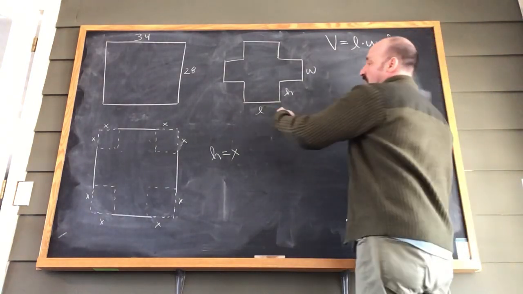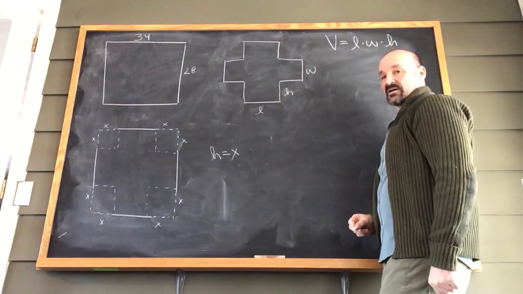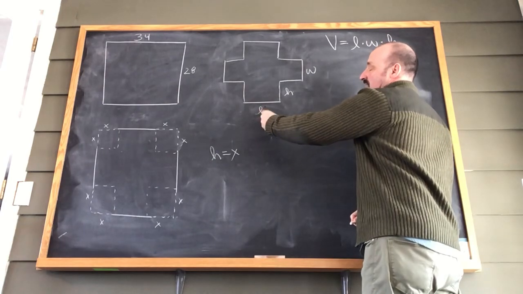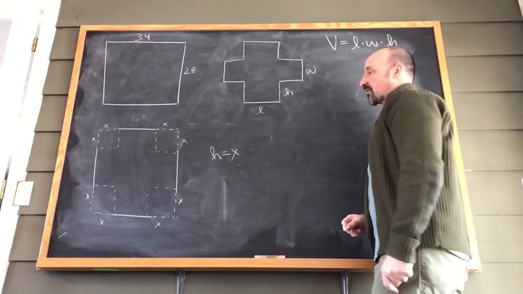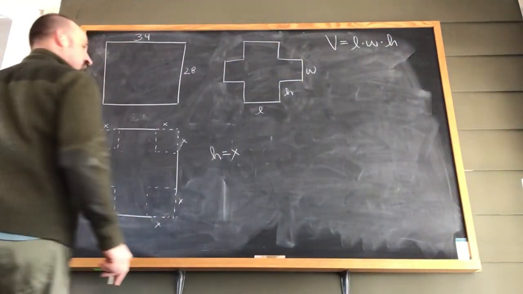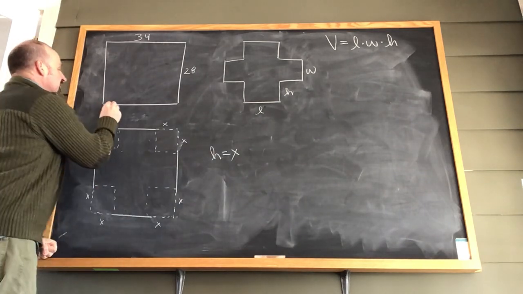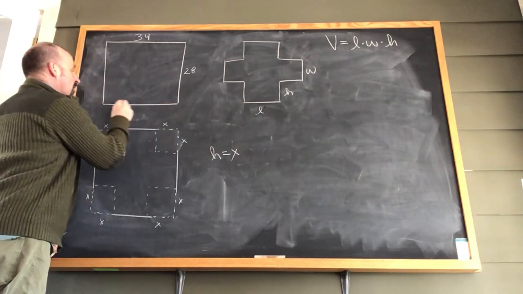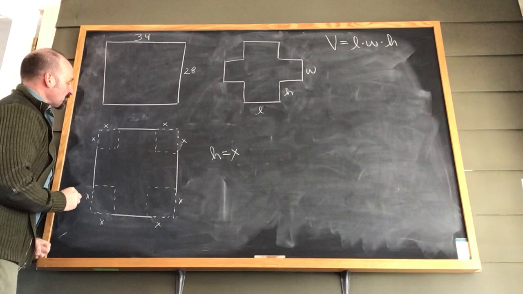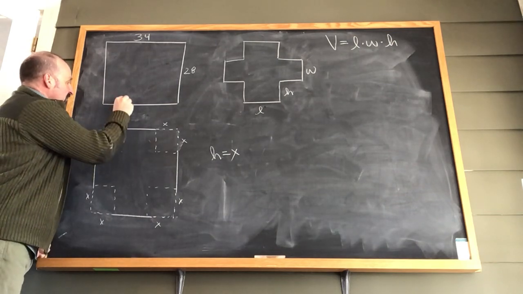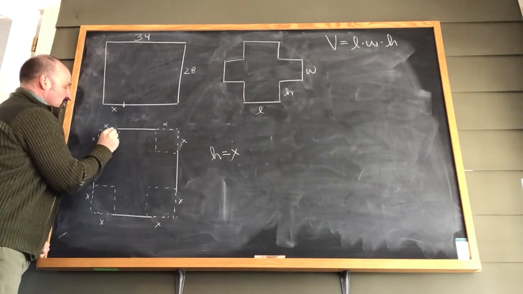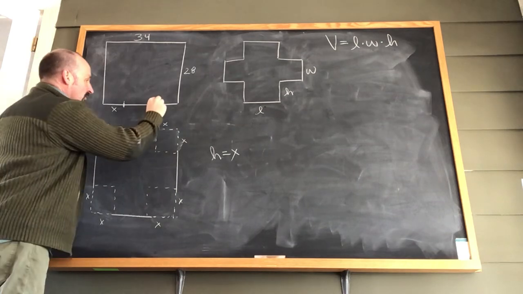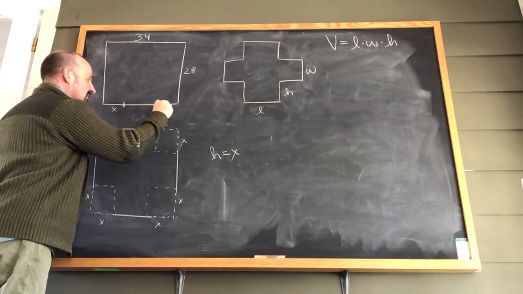And now let's deal with the length. To see how we can rewrite this variable L in terms of x, let me pop back over here. This side is 34 inches long. And look, it's made up of a little piece that is x inches long, and then another little piece that's x inches long.